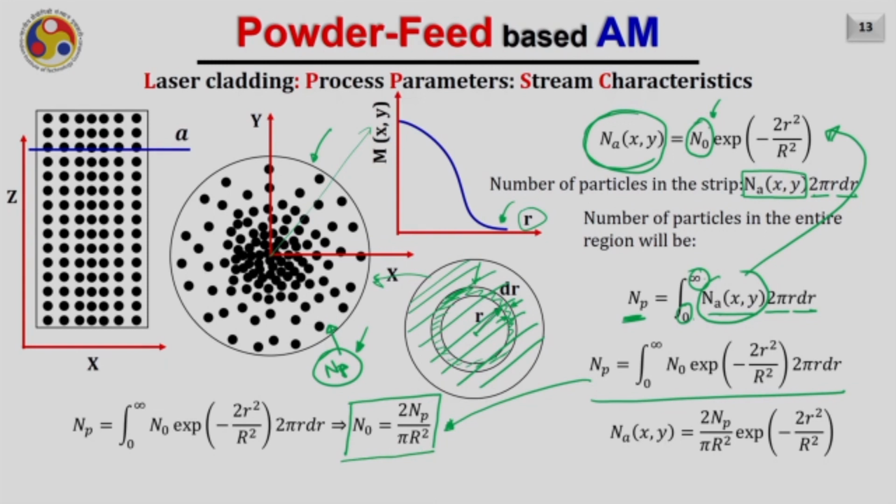Now, I can replace this value of n naught, which is the maximum powder particle concentration, equal to 2Np, where Np is the total number of powder particles in a slice, divided by pi R square. So, if I replace this value, finally my concentration of powder particles at any location x, y in the slice A will be equal to 2Np by pi R square exponential minus 2 small r square divided by capital R square.